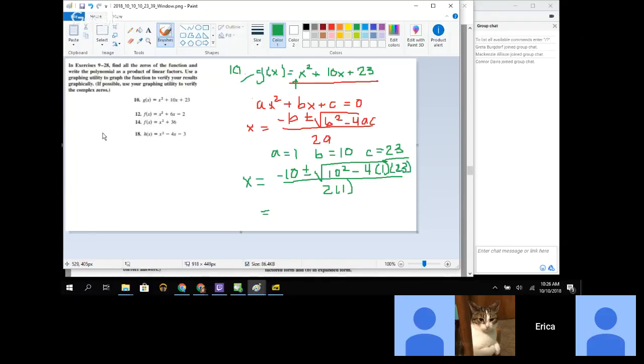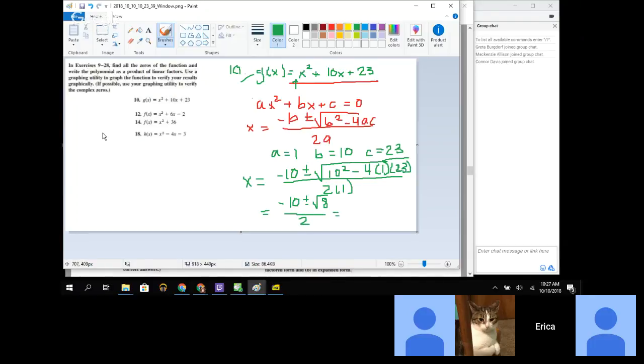If I do that math, 100 minus 4 times 23 is 8, so we get negative 10 plus or minus the square root of 8 over 2.